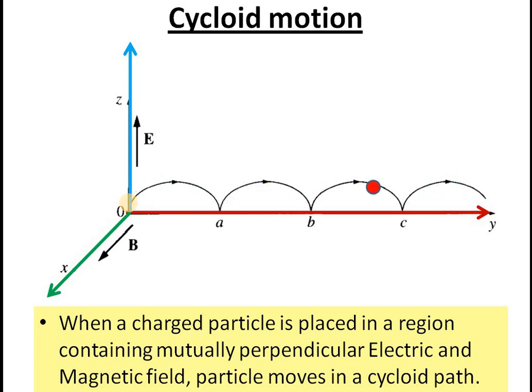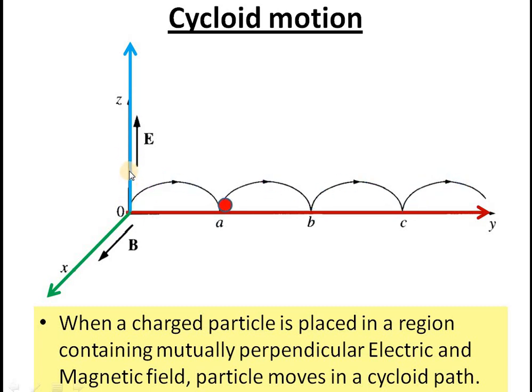Now you may ask why this kind of motion is happening. Let us investigate it. Firstly, we place a positive charge at the origin. Then the charge experiences a force along the z direction. Initially the particle is at rest, so when the charge experiences a force, it starts moving in the z direction.